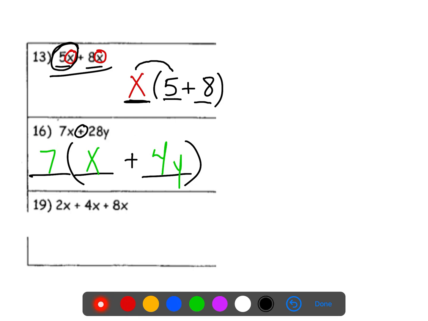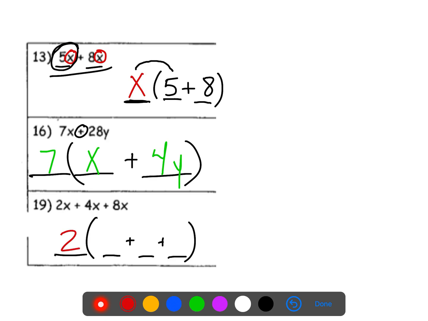Then for the last one, take my parentheses. Here I see that I have 3 terms in the expression, so inside the parentheses, I need 3 places for terms. They're all being added, so that'll be easy. And then I just need 1 factor on the outside. So a common factor of 2, 4, and 8, well, that would be 2. Let's do that. So I'll write 2.